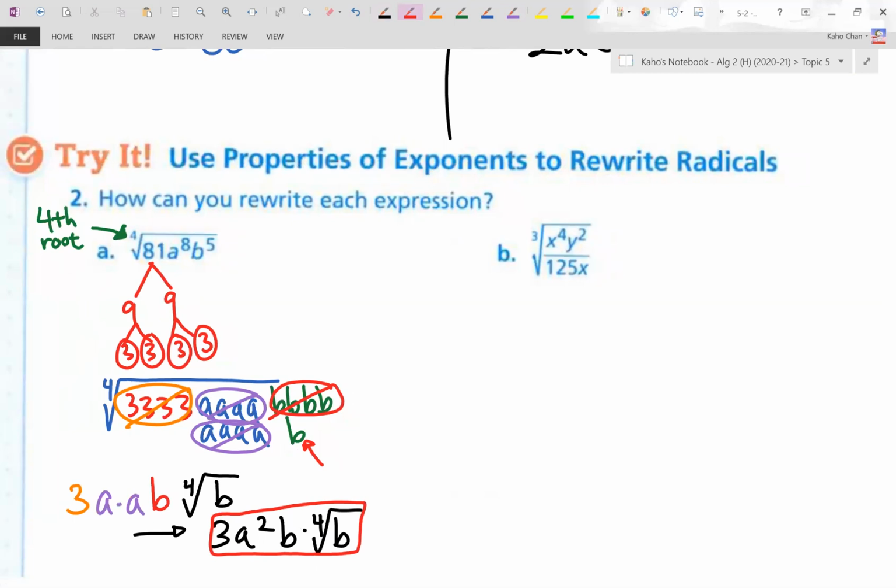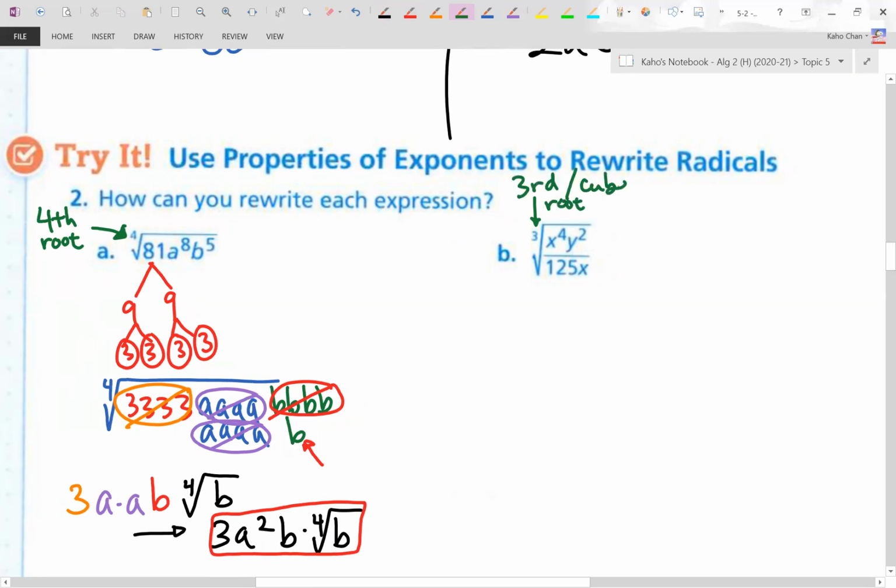All right, we're looking for the cube root, or the third root. Great. Expand manually. I see the 125. That's breakdownable. That's 5 times 25.